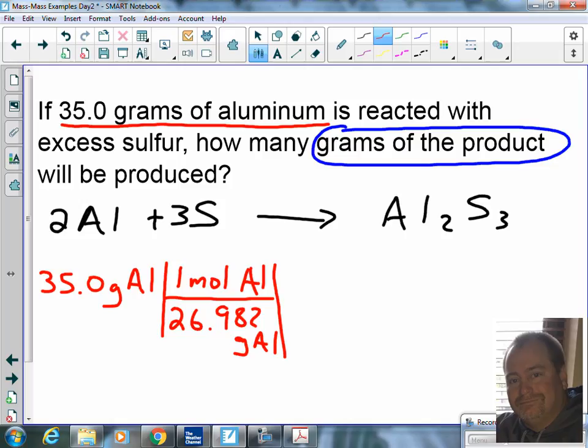Remember now, people, that this 1 mole of aluminum right here, I've seen many people want to go to the balanced equation and put a 2 right there. Do 2 moles of aluminum equal 26.982? Absolutely not. 2 moles of aluminum would be 26.982 times 2.